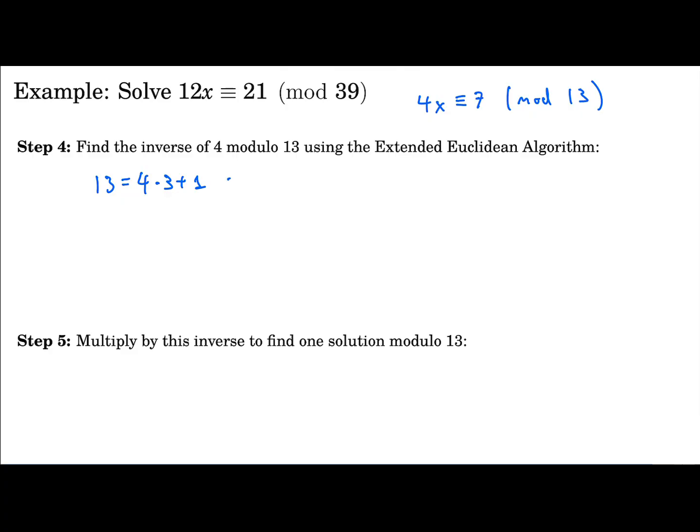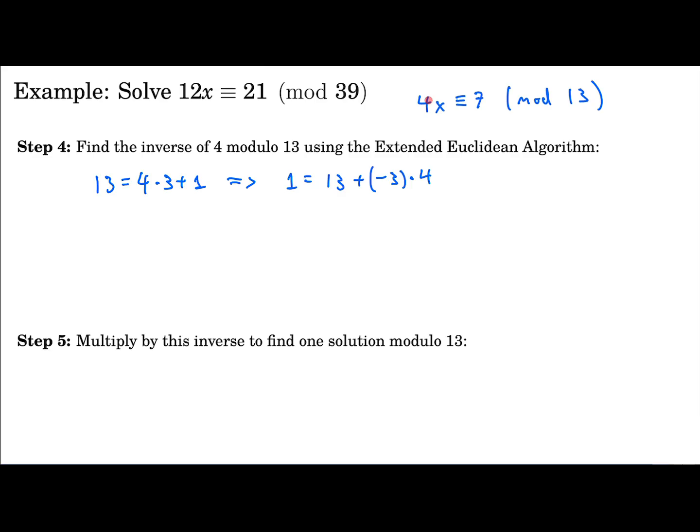And so this implies that you can write the GCD between them, 1, equal to 13 plus minus 3 times 4. And so this means that this minus 3 here is going to be the inverse of 4.